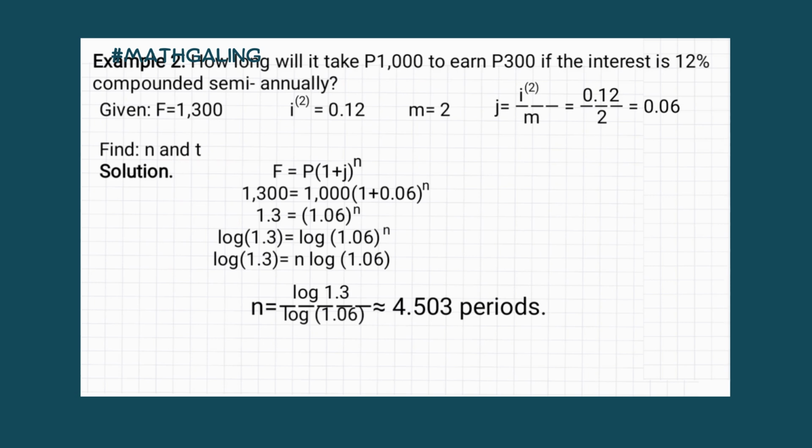So our solution is F is equal to P times 1 plus G raised to the power of n. So 1,300 is equal to 1,000 times 1 plus 0.06 raised to the power of n. So 1.3 is equal to 1.06 raised to the power of n.